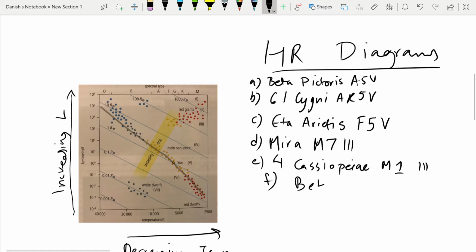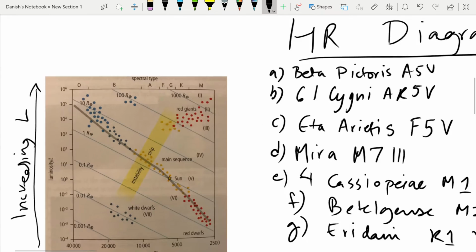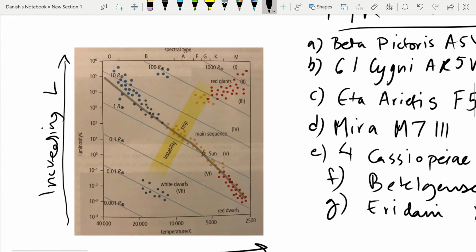Get Betelgeuse again. And that's the last one. Okay, so I'll just put the letter and I'll put the position of the stars. Let me zoom in on this one.